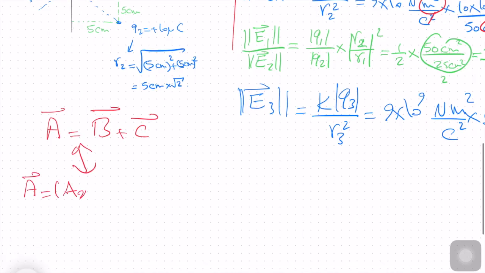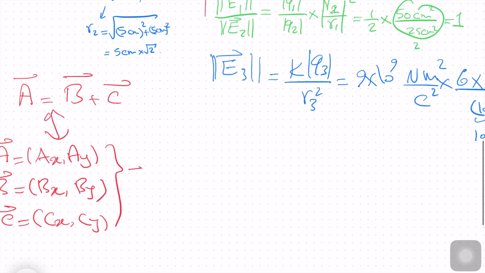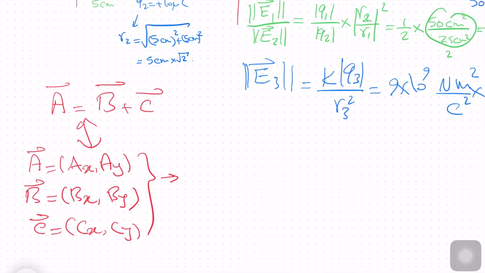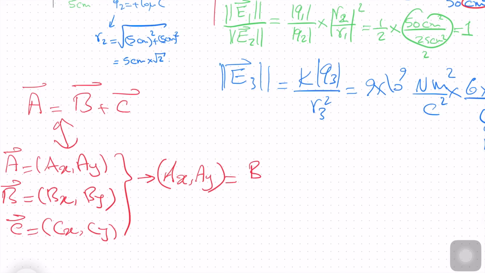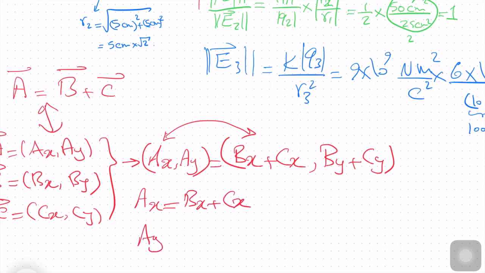that if A is made out of AX, AY, B is BX, BY, C is CX, CY, then in this notation, B plus C is equal to A is really the statement that says AX comma AY has to be equal to, as a tuple, BX plus CX comma BY plus CY, which means that individually the components add up and they're equal, which means that AX is equal to BX plus CX and AY is equal to BY plus CY.